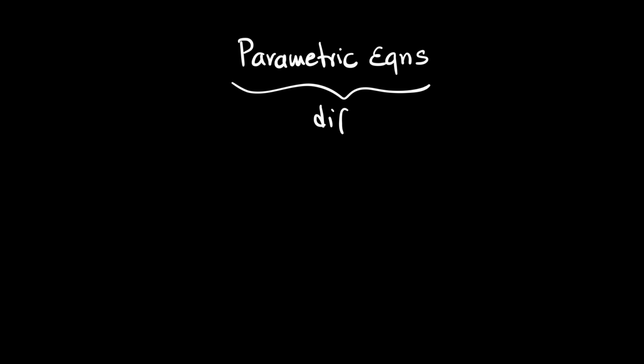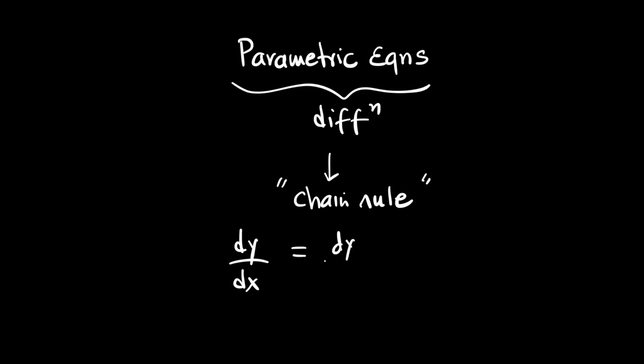So what have we learned in this video? We have learned once again how to solve the differentiation of parametric equations based upon the concept of the chain rule. And what exactly is the chain rule? dy by dx is dy by d theta divided by dx by d theta.